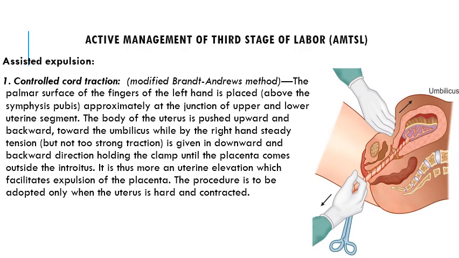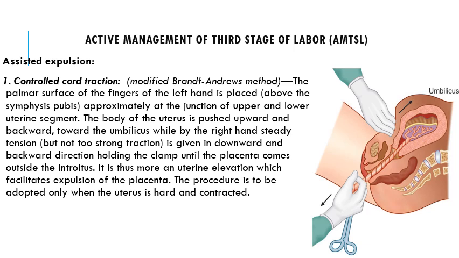Now, in assisted expulsion of the placenta, there are two methods. First is the controlled cord traction or modified Brandt-Andrews method, which is the most commonly followed procedure. The palmar surface of the fingers of the left hand is placed above the symphysis pubis, approximately at the junction of the upper and lower uterine segment.